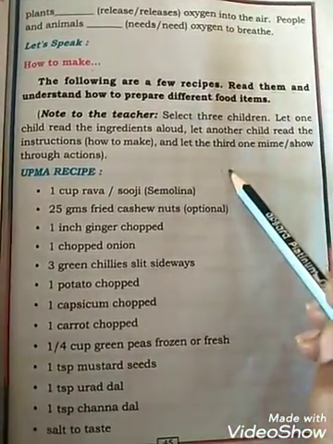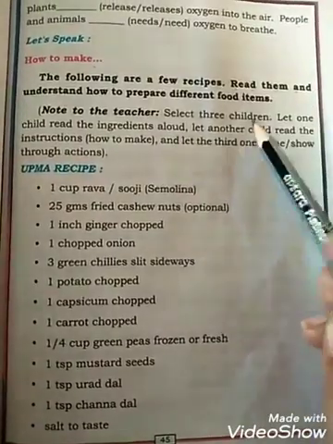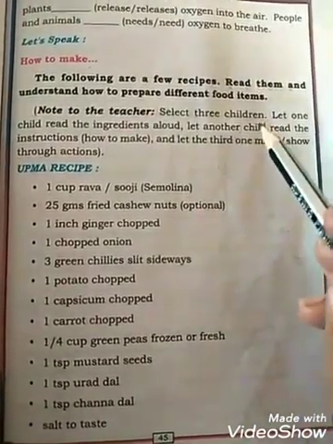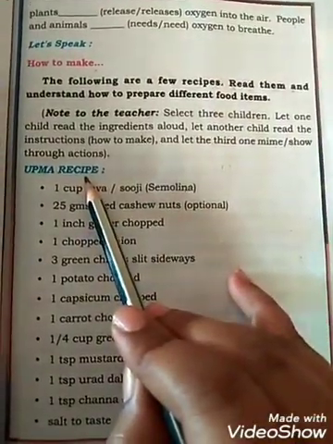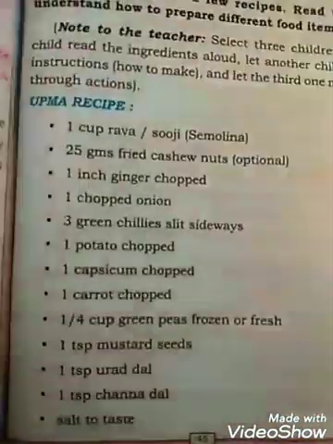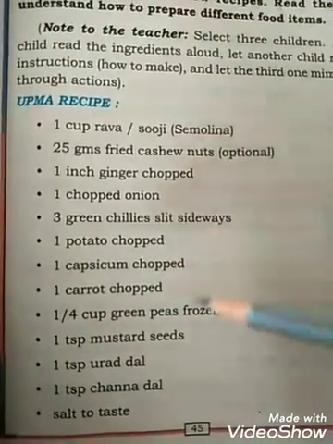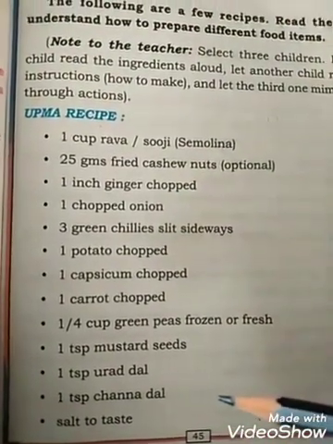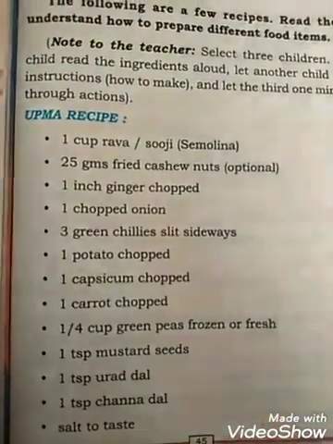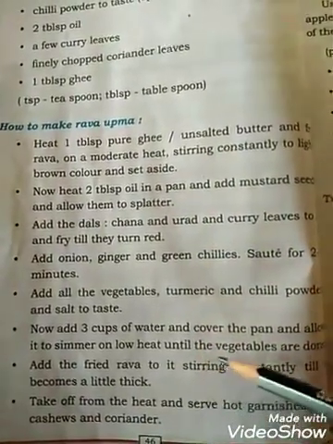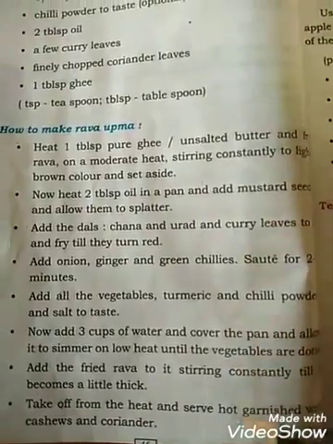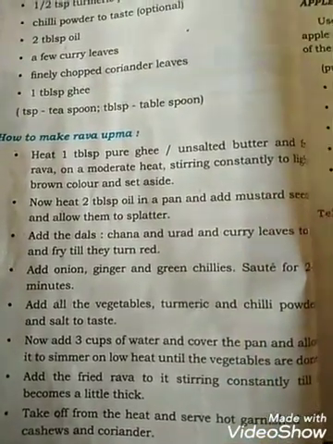This will be discussed in the live session, when all the students will be there, so we can discuss there. First is recipe 1, that is upma recipe. These are the ingredients you need to prepare upma. In the next page they have given the making of upma.